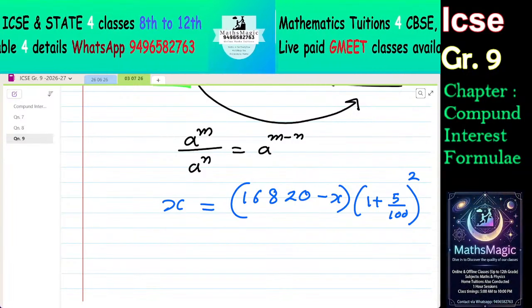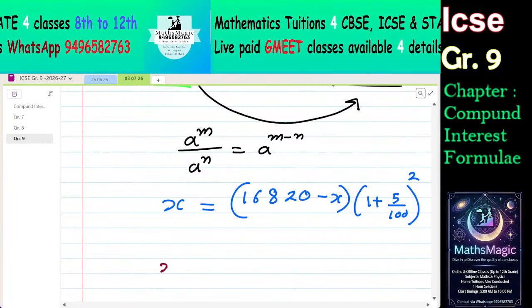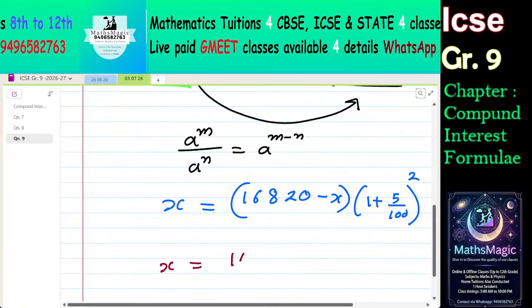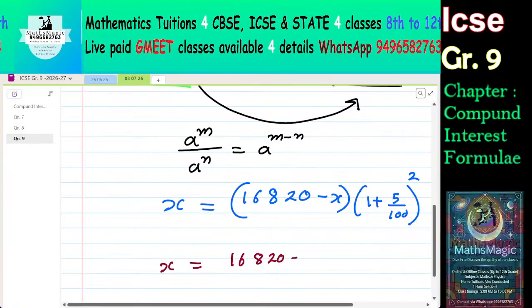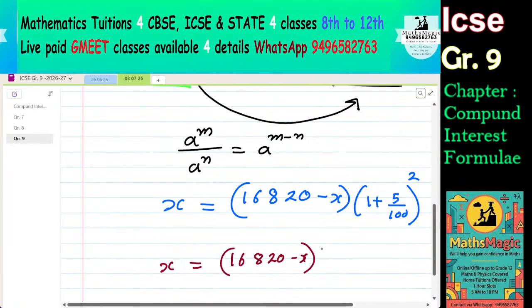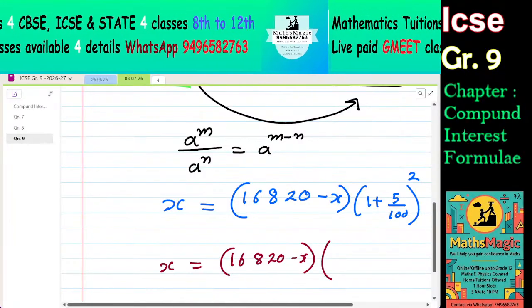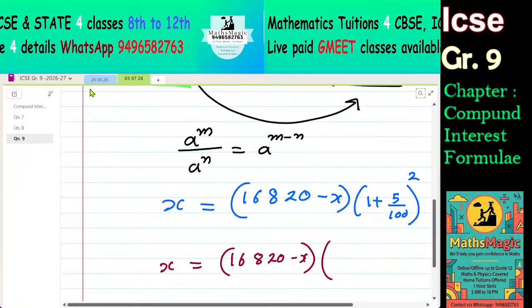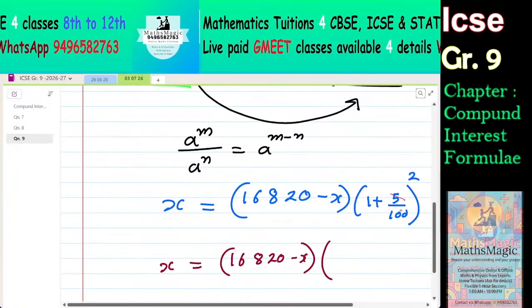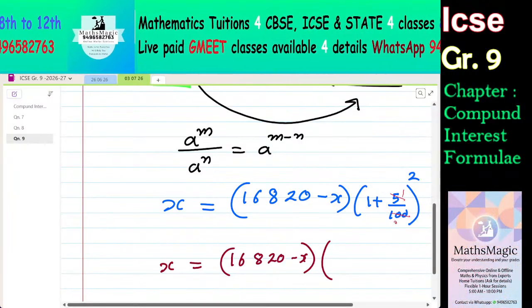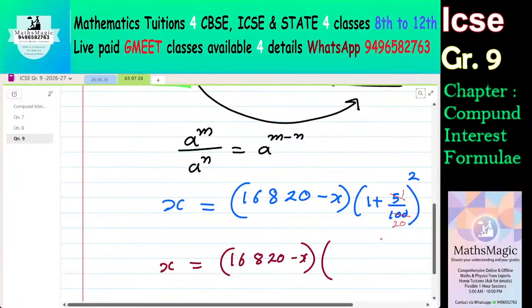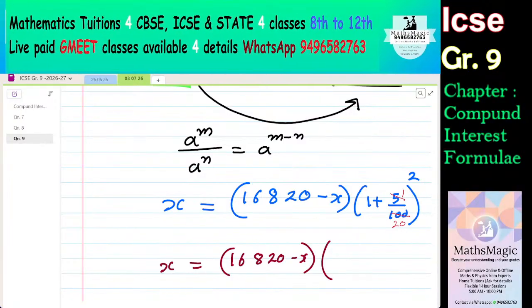And now you have x equals 16820 minus x multiplied by, you will cancel this 5 by 100 as 1 by 20. Then LCM it will be (21 by 20) whole square.